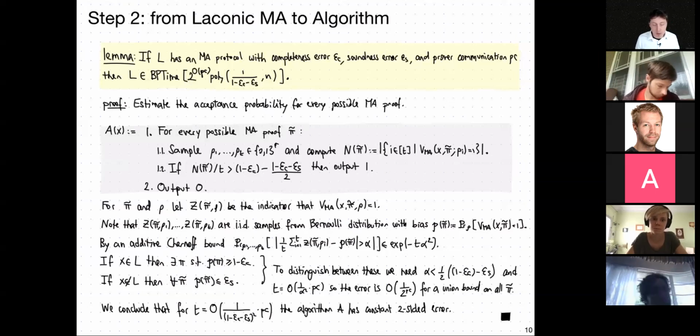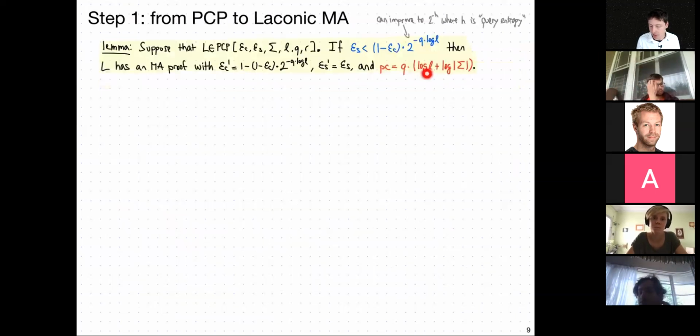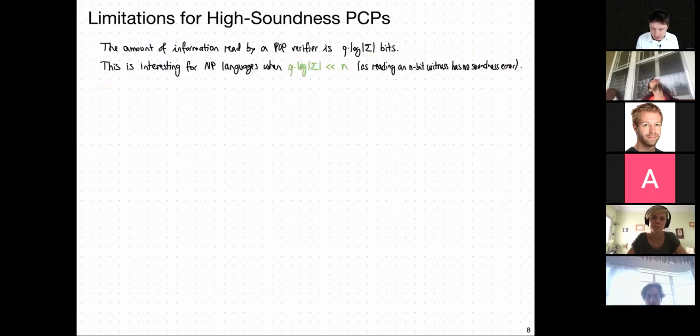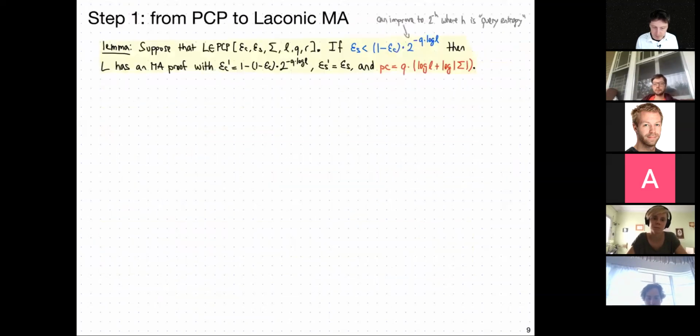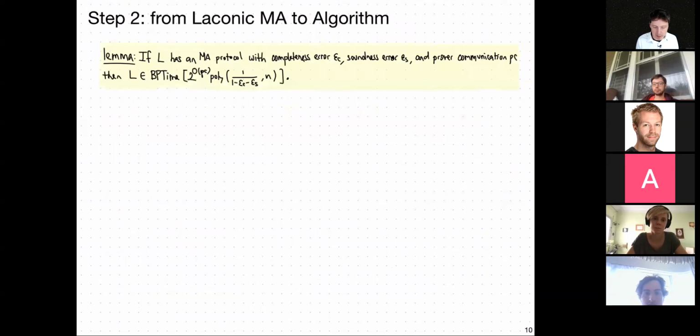Great, and when you put these two steps together, we have 2 to the PC, but what was PC from step 1? Well, let's see. It was this expression, the expression that was already appearing in the exponent. In step 2, another dependence that we have is polynomial in 1 over the gap of completeness and soundness.